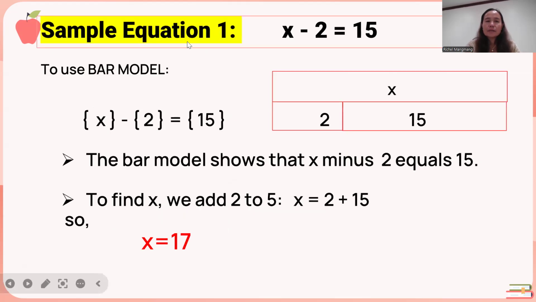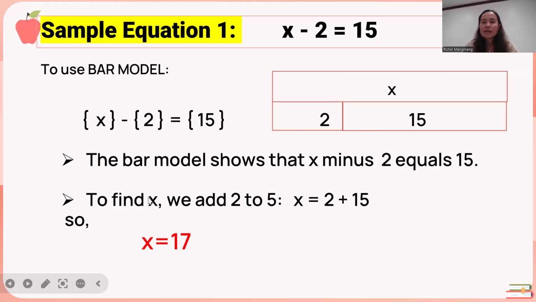Considering equation 1, x minus 2 equals 15. To use the bar model, as a whole we have x because we do not know it yet. Then the x as a whole, we divide into 2 parts. The first segment below represents the 2, and the second segment below represents the 15. So the bar model shows that x minus 2 equals 15.